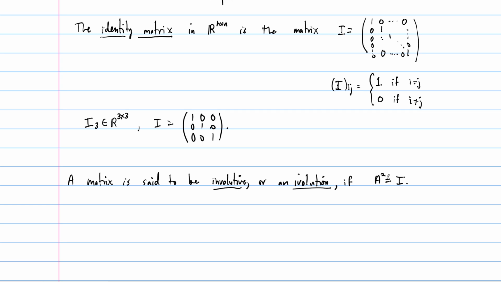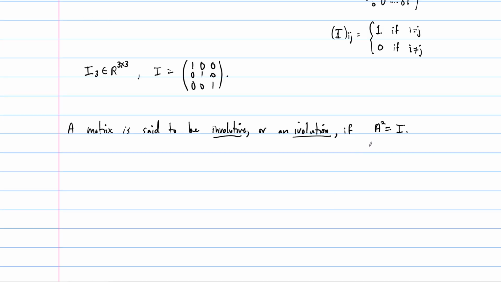So if you think of multiplying a vector by this matrix, and then multiplying the result by the same matrix, you'd get back the original vector. We'll talk about that as we move forward, but involutive is the property that A squared is equal to I.